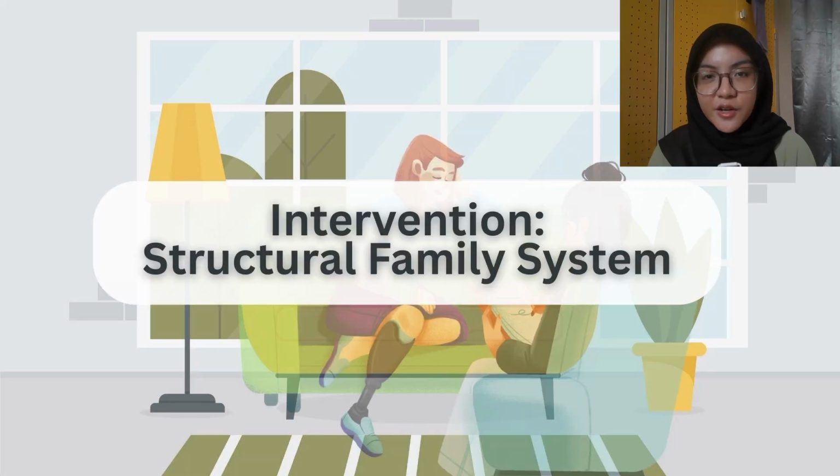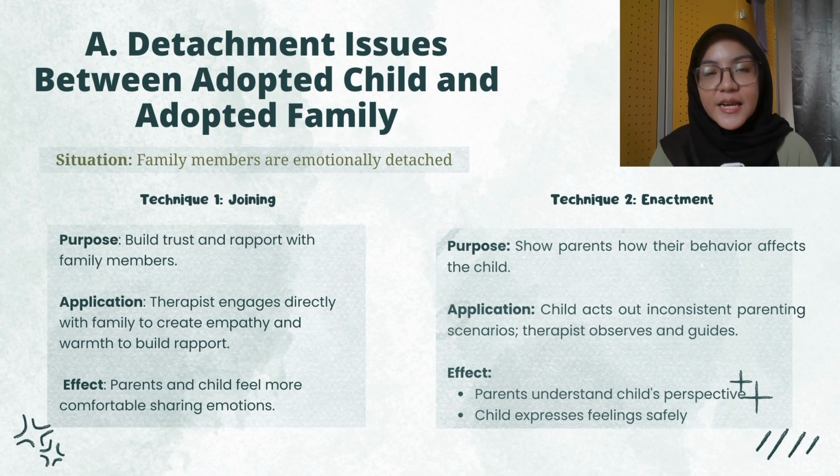Moving on to intervention. Based on the identified family dynamics, structural family therapy, or SFT, was chosen as the most appropriate intervention. For the first issue, detachment, the main situation here is that the family members are emotionally distant from one another. So, the first technique that will be used is joining.